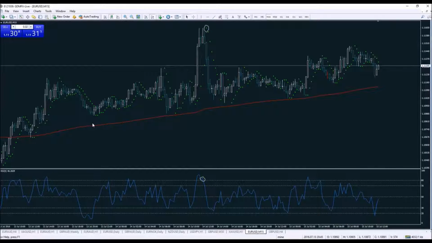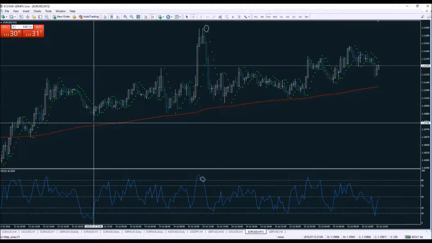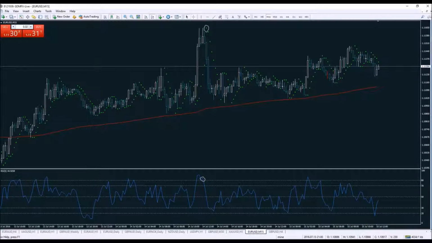Meaning, let's have a look at some other cases, like this one here. Also, a very valuable piece of advice is to always look at the candlestick formations, because on small time frames they're very powerful, especially also on large time frames like the daily chart, weekly chart, and monthly chart.